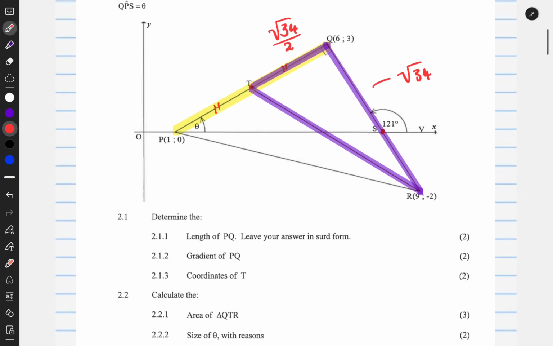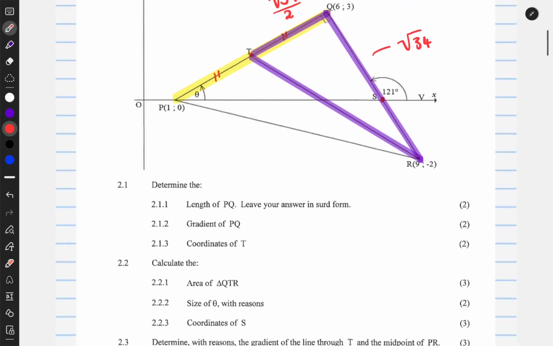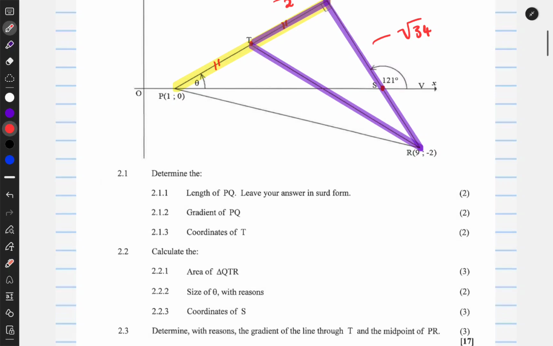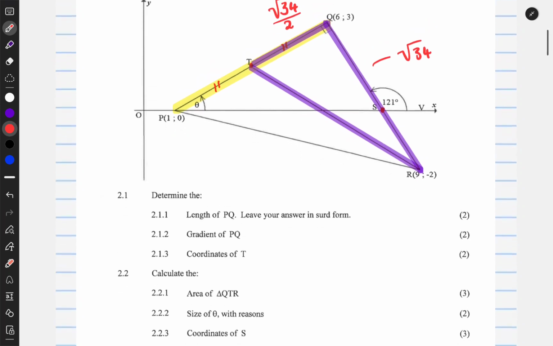So I think in order to calculate the coordinates of S, we can use the straight line equation. So we have to determine the straight line equation of QR, and then we solve for S. In order to calculate that, we can calculate the gradient by using tan 121 degrees, or we can just use the coordinates of Q and R.